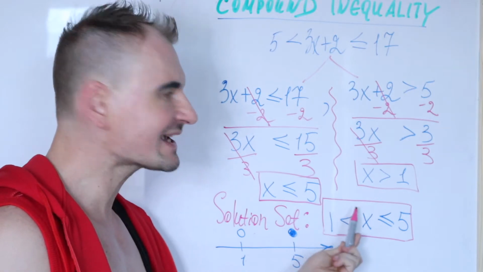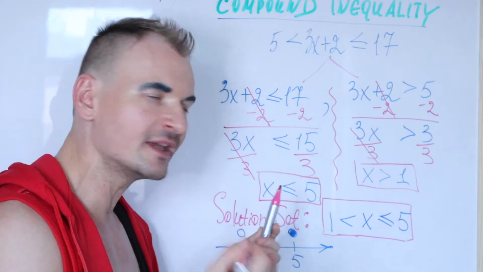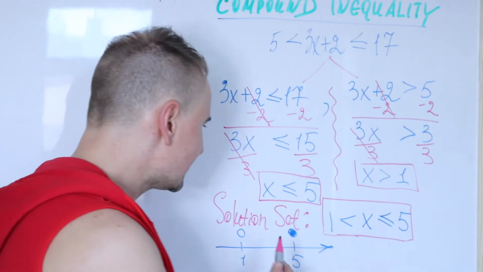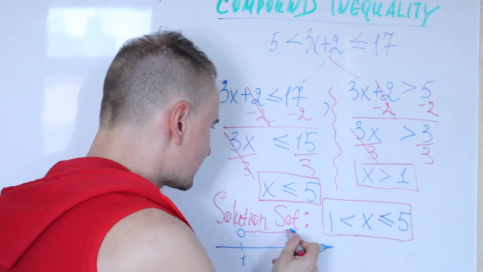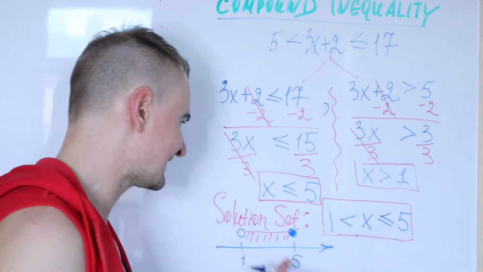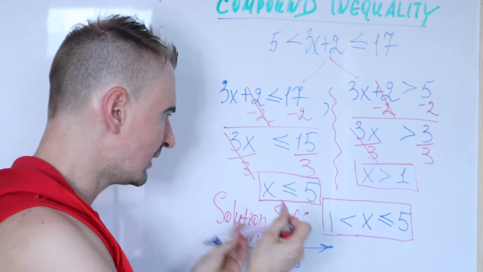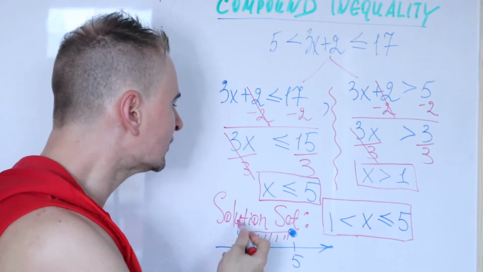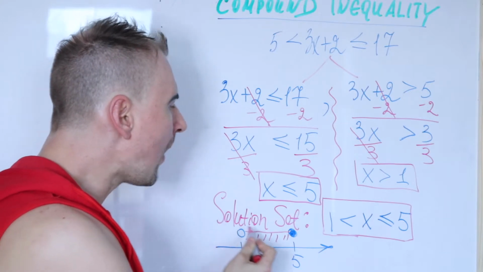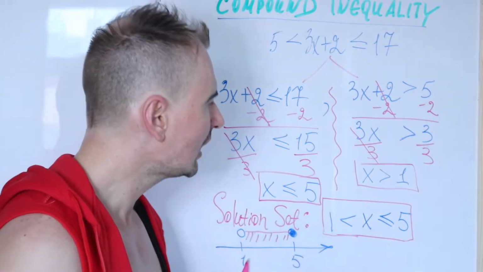Now all your x's are lying between 1 and 5, so this shaded area is your solution set. It's all real numbers from 1, not including 1, all the way up to 5, including 5.